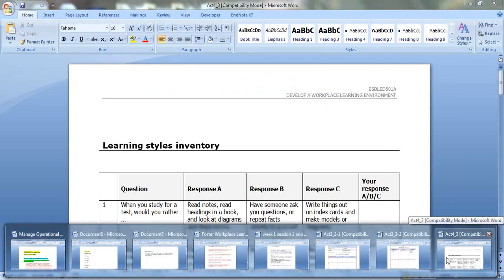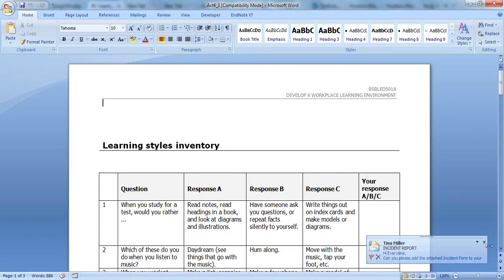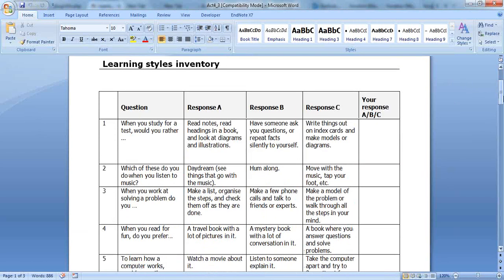So when you're filling out this form, guys, just put your immediate response. Don't spend too long reading the questions. We just want your initial gut feeling, first response. So when you study for a test, you would rather read notes, read the headings in the book, look at the diagrams and illustrations, or have someone ask you questions, repeat it back silently to yourself, or write things on an index card, make multiple diagrams.